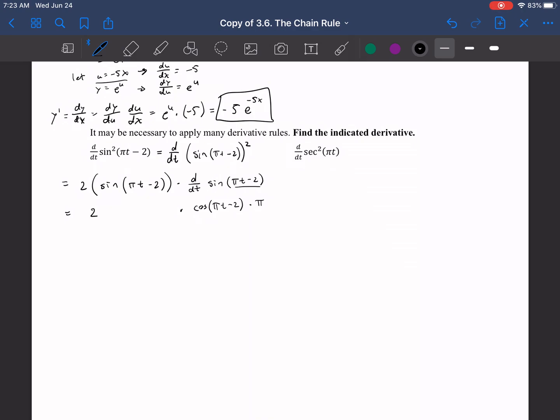So this is just 2 sine, I'll bring this part down here, pi t minus 2 times that. And so this is what we have: 2 pi times sine of pi t minus 2 times the cosine of pi t minus 2. And there's your answer.